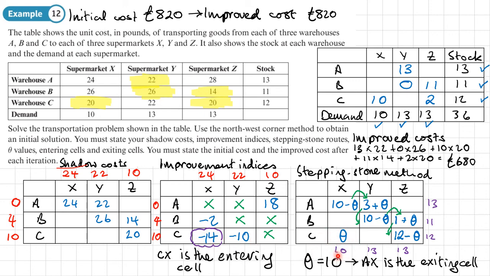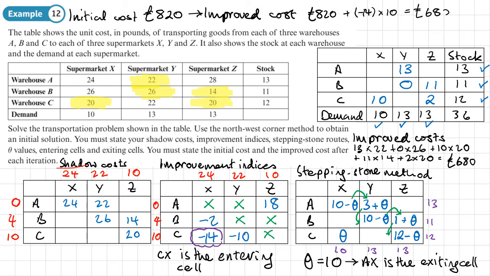So if I do 820 plus negative 14 times theta, which was 10, so that's 820 minus 140, and that's also £680.